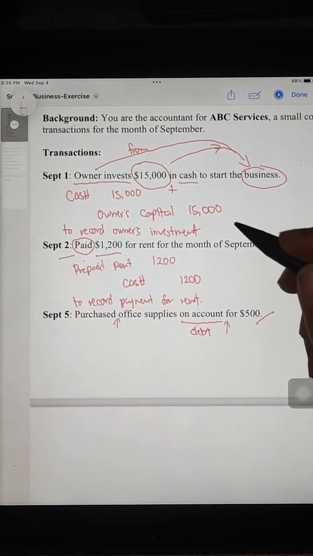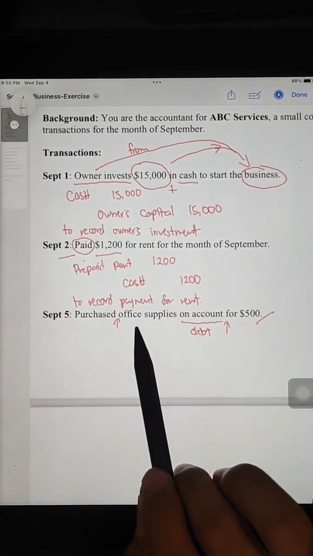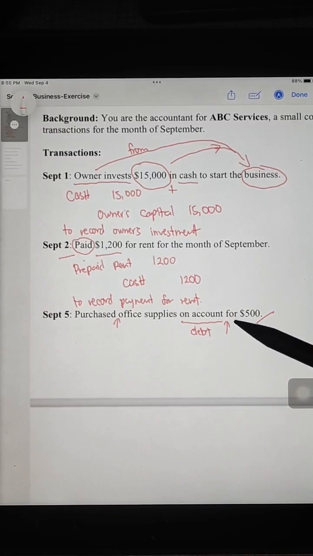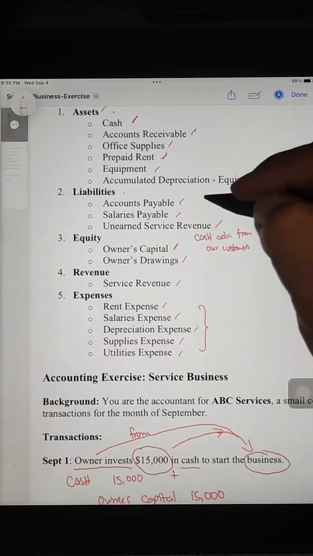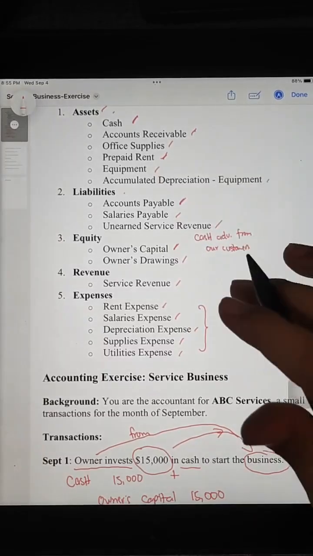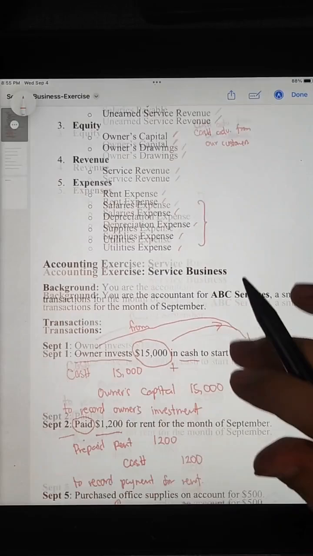tayo. Okay? Office supplies is an asset, and once increased, it demands a debit. On the other hand, debt naman, utang, also increased, and since this is a liability, it demands a credit. So, the account to be used for the debt would be accounts payable, and then office supplies.